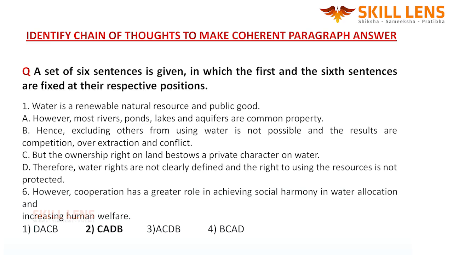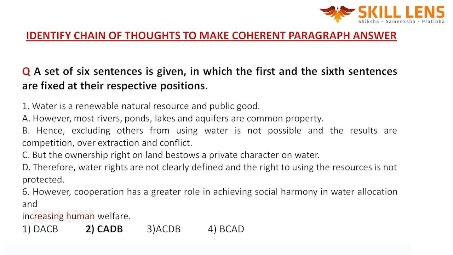It is telling us, though people consider it as such, all these water bodies are common property. We take it therefore. Therefore, we are concluding: water rights are not clearly defined and the right to use these resources is not protected.